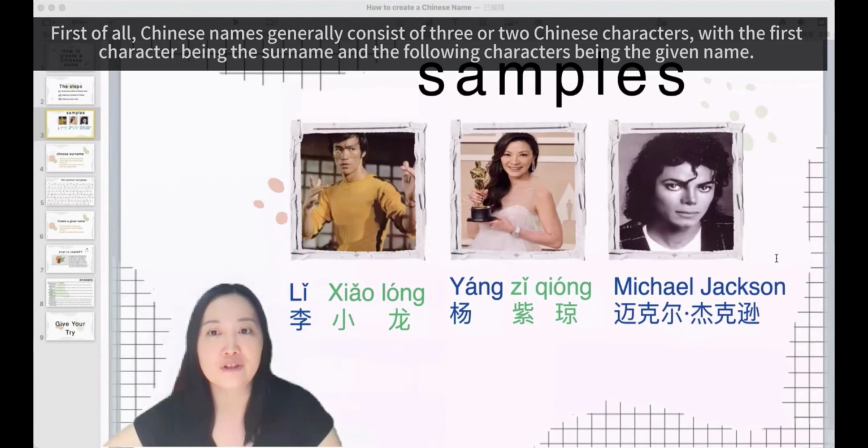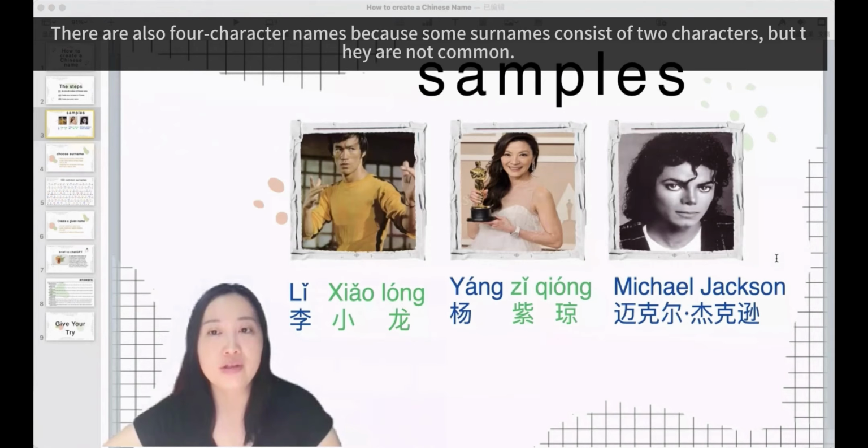So first of all, Chinese names generally consist of 3 or 2 Chinese characters, with the first character being the surname and the following characters being the given name. There are also 4-character names because some surnames consist of 2 characters, but they are not that common.